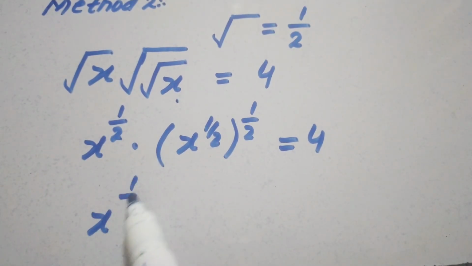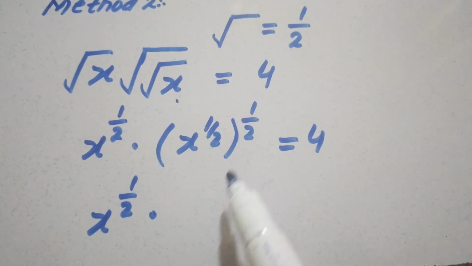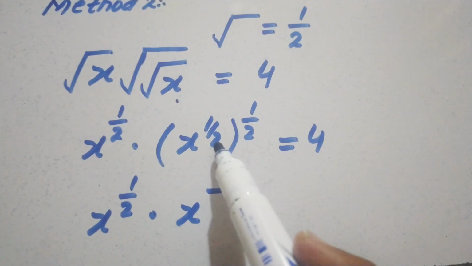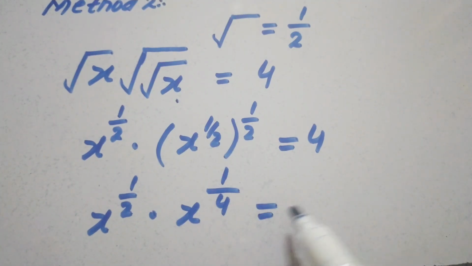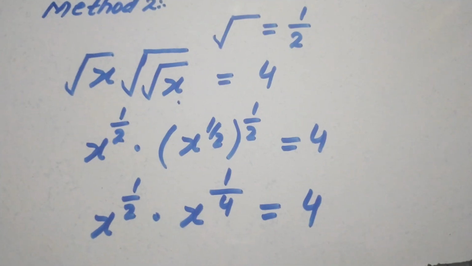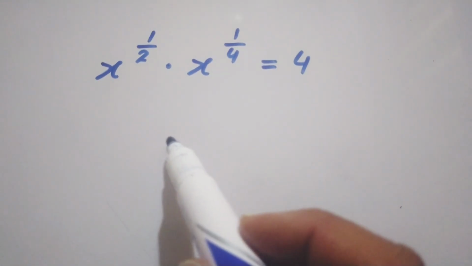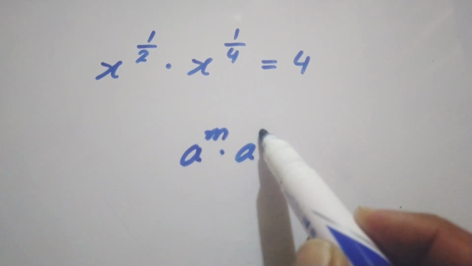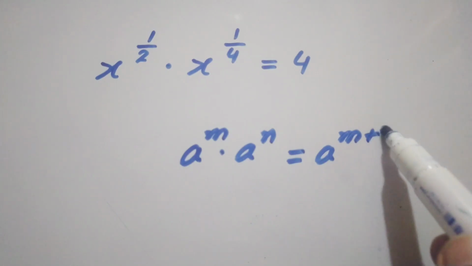Now x power 1 by 2 and this will become 1 by 2 multiplied by 1 by 2 gives us x power 1 multiplied by 1, which is 1, divided by 2 multiplied by 2, which is 4, is equal to 4. Now by using this property that if we have a power m multiplied by a power n, then this is equal to a power m plus n.